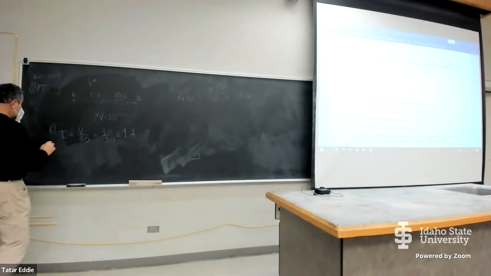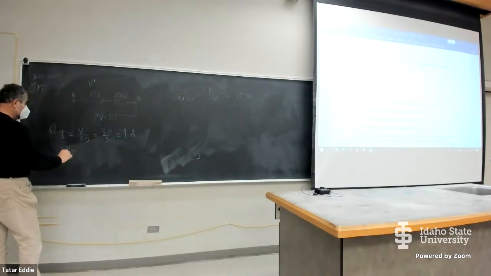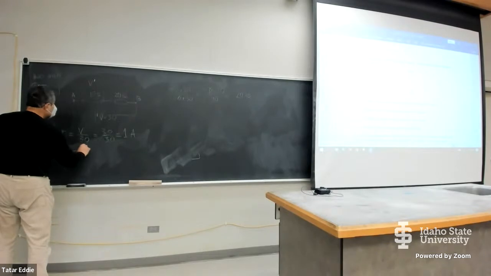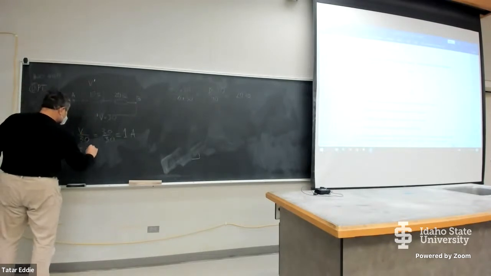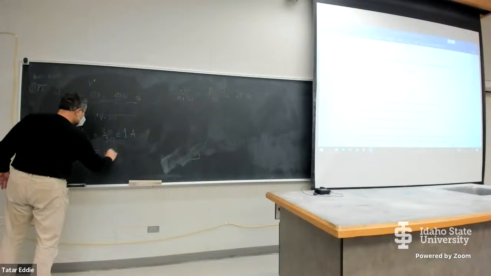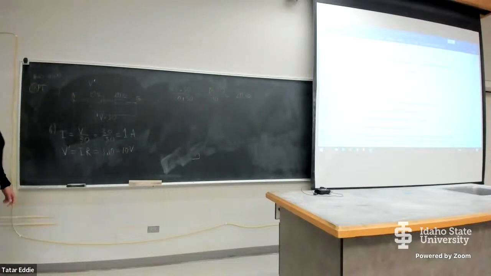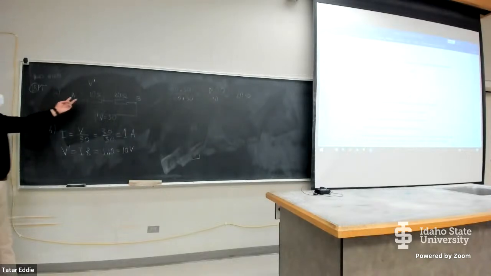And therefore the voltage V prime is going to be the current multiplied by the resistance R. So it is 1 multiplied by 10 gives you 10 volts, voltage V prime.